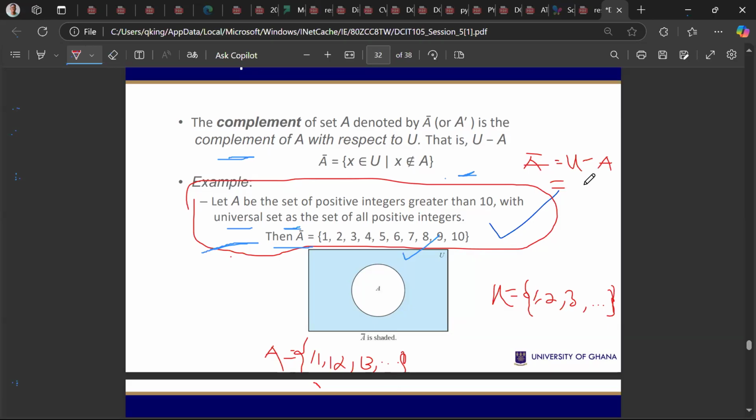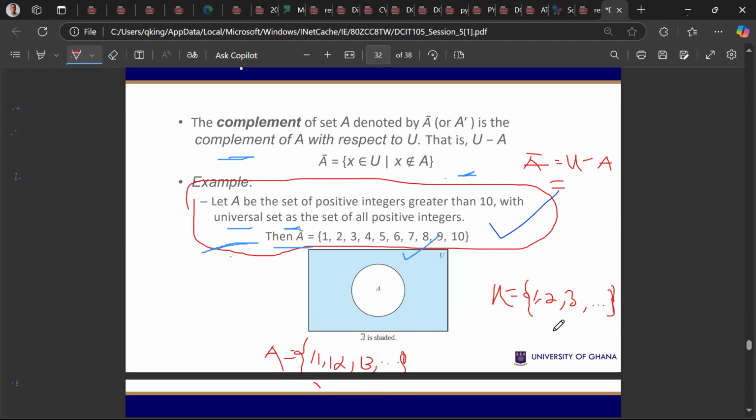Now, when you subtract the elements of A from the universal set, the universal set comprises all the numbers which begin from 1 upwards, and the set A consists of numbers starting from 11.